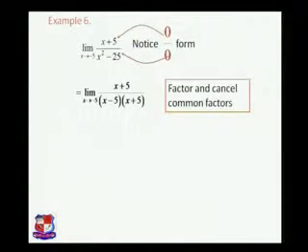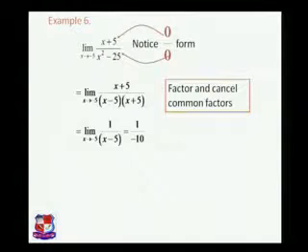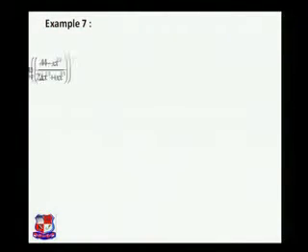So factor and cancel the common factors. The common factor is x plus 5. So cancel the common factor and the remaining part is limit x tends to minus 5, 1 upon x minus 5, which is directly equal to 1 upon minus 10, which is the answer of our question. So these are some examples of factorization.